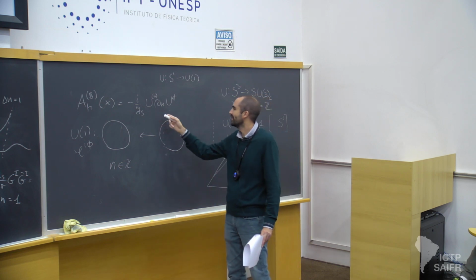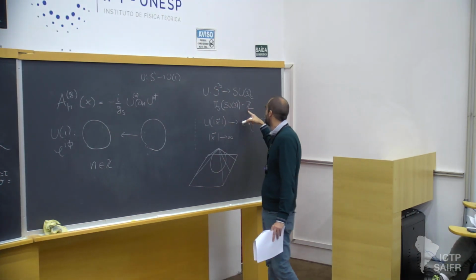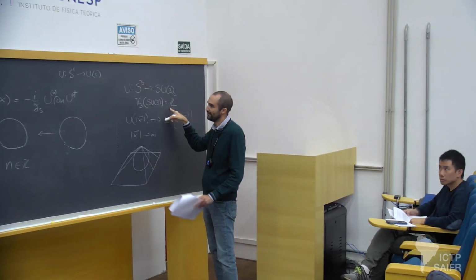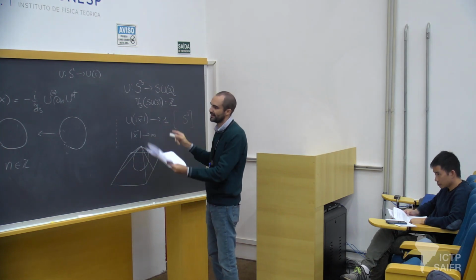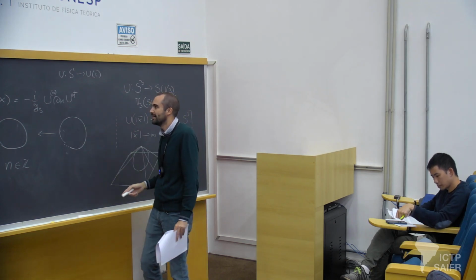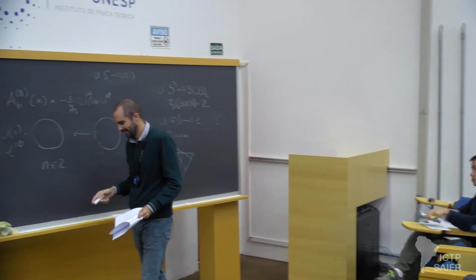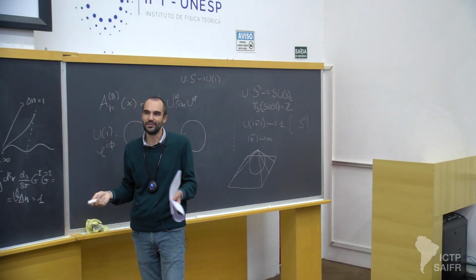Now you found that you can have infinitely many of these gauge transformations that differ from each other by this winding number and respect the same boundary conditions at infinity. So each one of them is a different solution of your theory with the same energy.